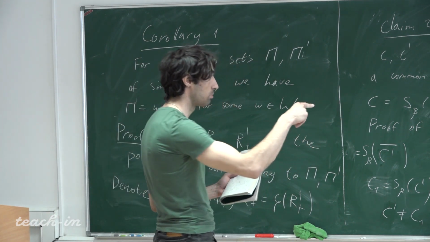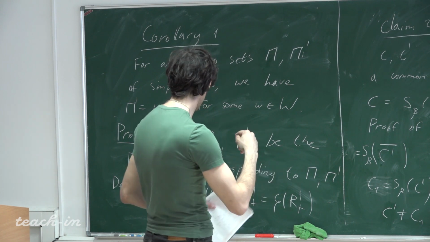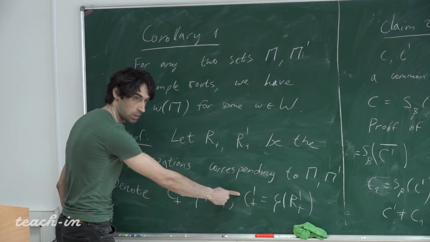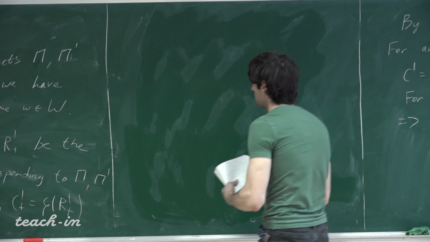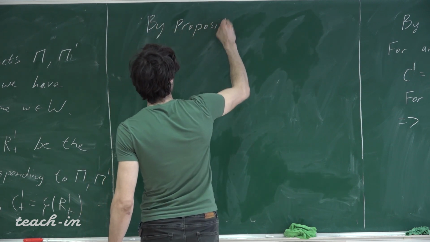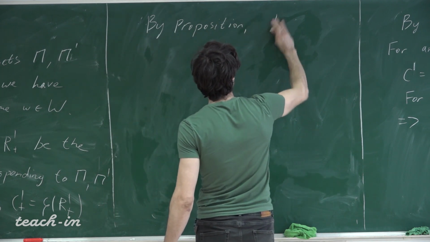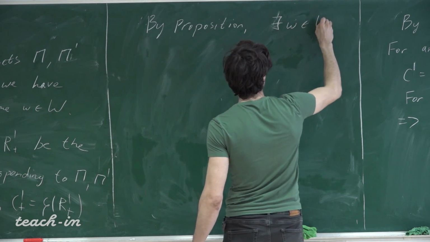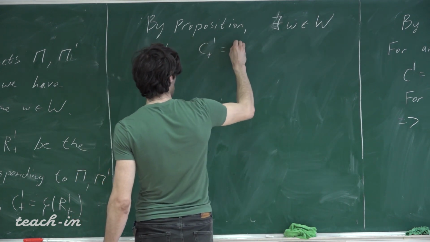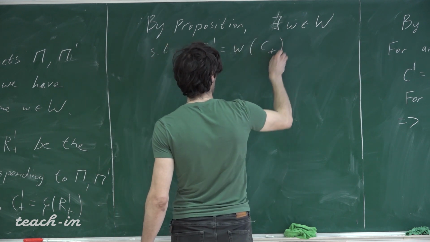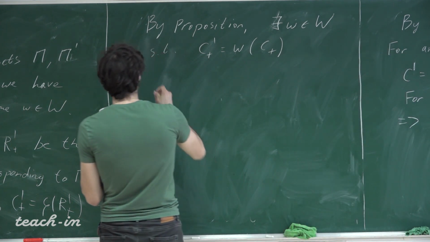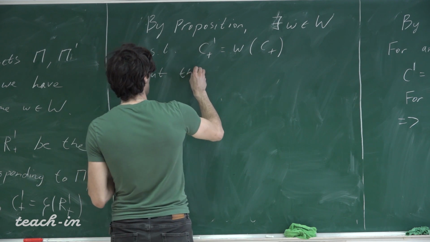Okay, then according to our proposition, we can find an element of Weyl group that connects this Weyl chamber with this Weyl chamber, right? So there exists, so by proposition, there exists some element W such that C plus prime is W of C plus. But then we have the following.